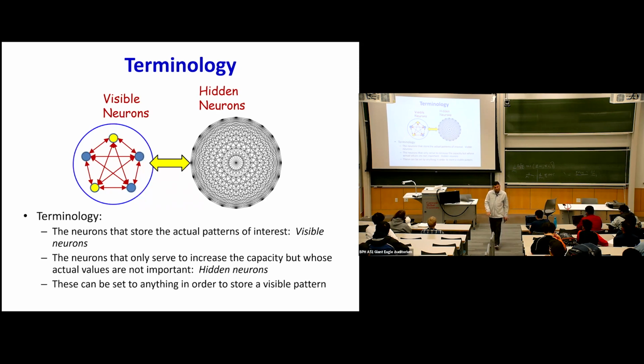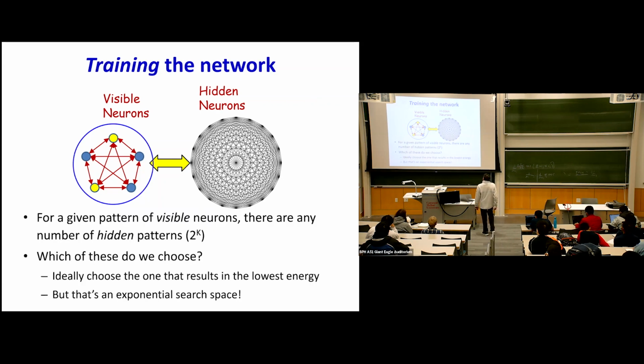I augmented my data by adding a whole bunch of bits. But the ones I'm really going to read are the first n bits. These are what I call my visible neurons or visible bits. And the remaining bits, which are somewhat uninteresting, but are only used to increase the capacity of my network, are what we will call our hidden neurons or hidden bits. These can be set to anything in order to store a visible pattern.